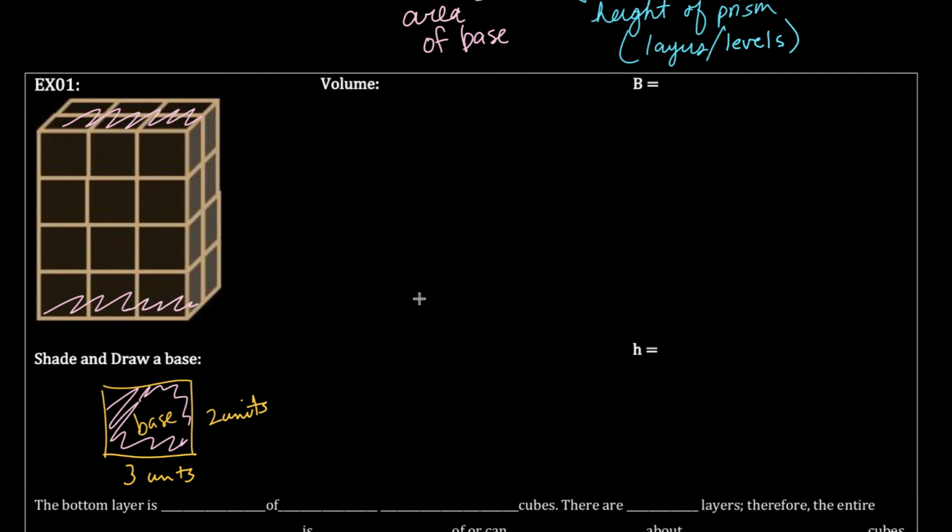Okay. And volume. Volume is V equals, and we made this one B, and this one H. So B is the area of the base. This is my base. My base is a rectangle, so to get the area of it, I need to do base times height.